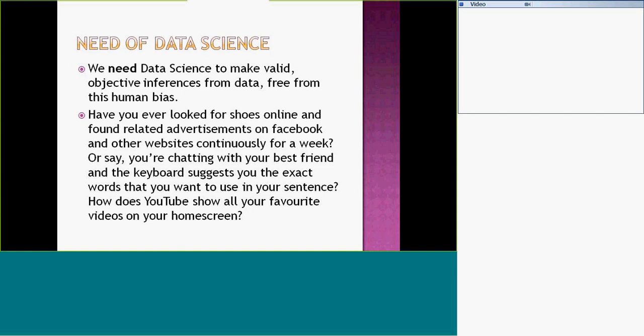You can also see that a lot of people are using Facebook, WhatsApp and other social networks nowadays, and they are generating a large amount of data there as well. To bring inferences out of that data we should go for data science and know the analytical skills, so that we can analyze the data and make decisions for the future as well.